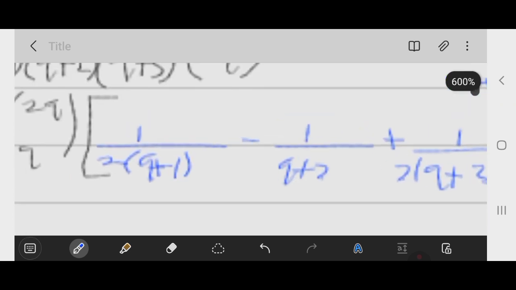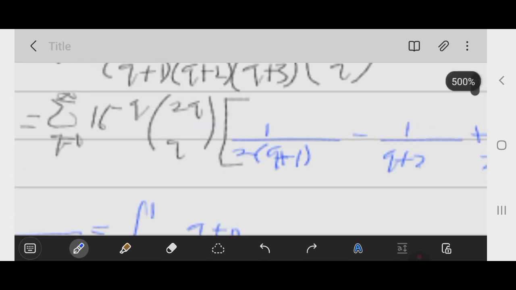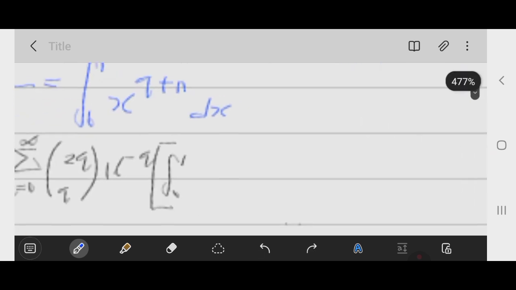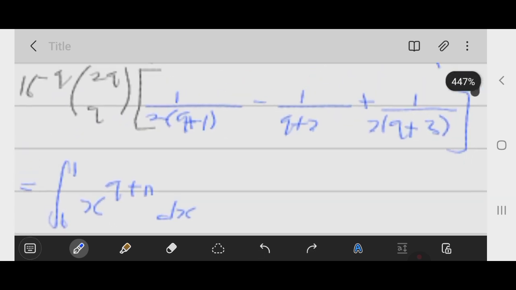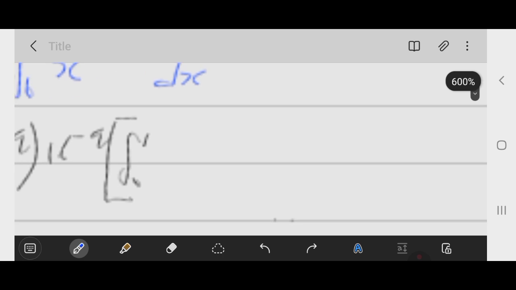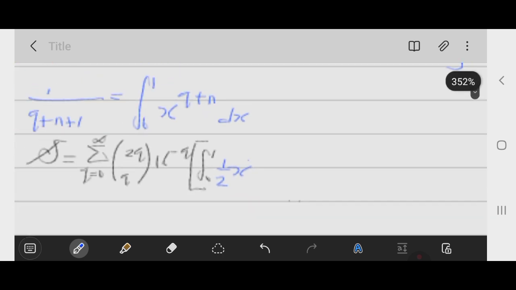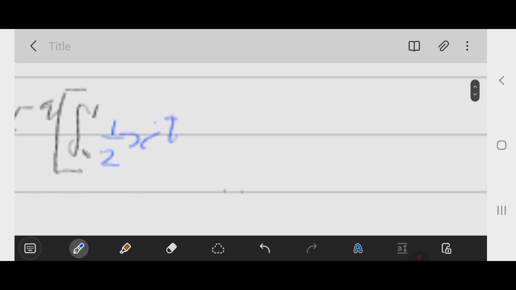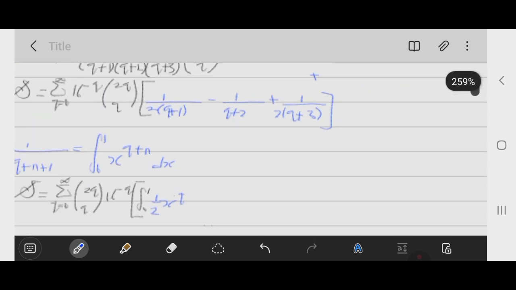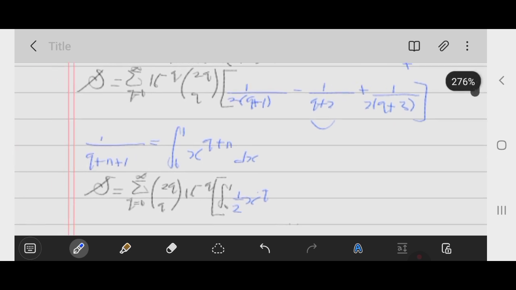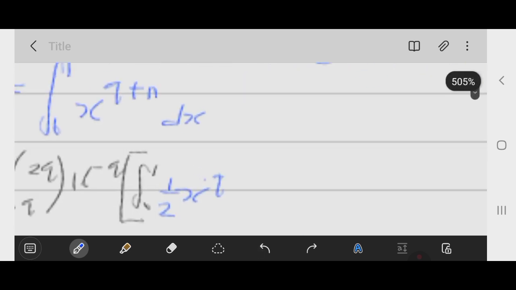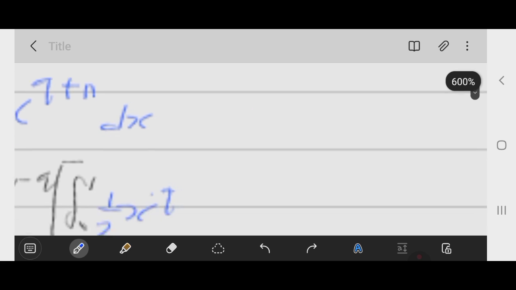Now in the first case I have Q plus 1. Then if you refer it to this other one, you find out that n is 0. So I'll just have half of x to the power of Q. Okay, then the second one has Q plus 2, and if you refer it to this place, you find out that n is equal to 1.